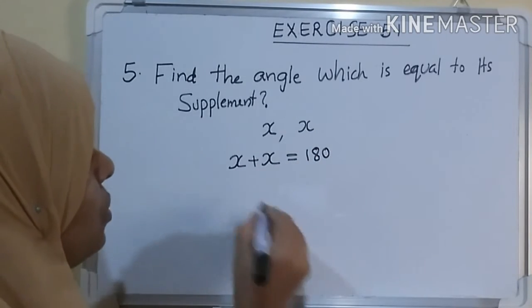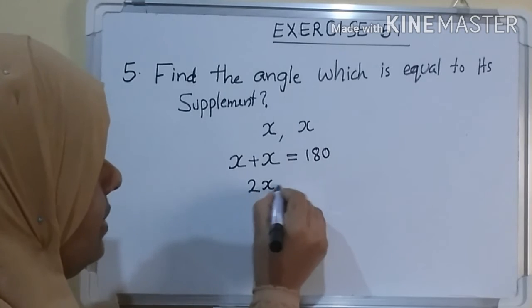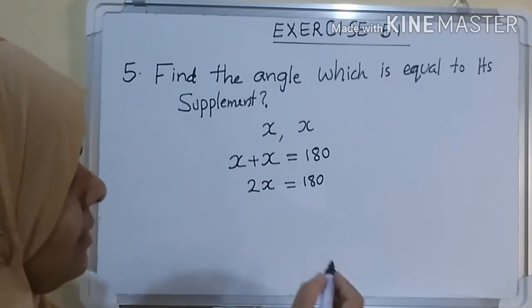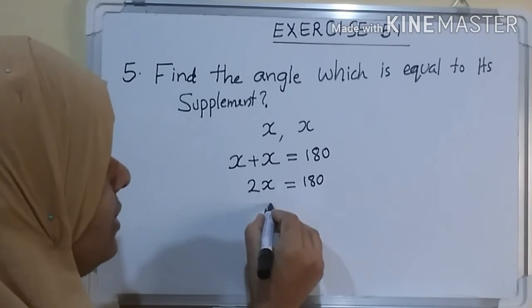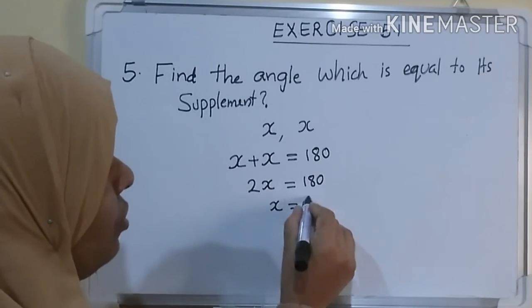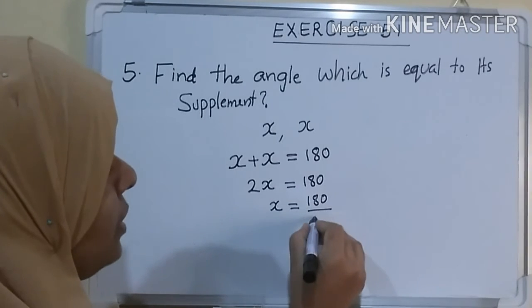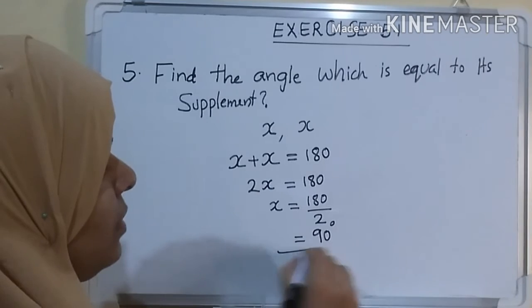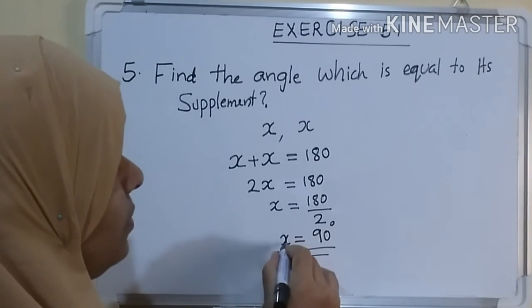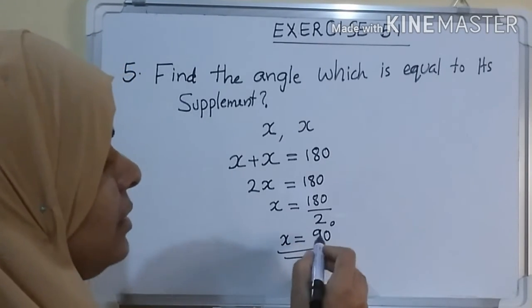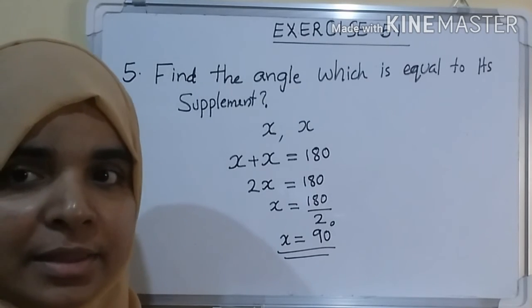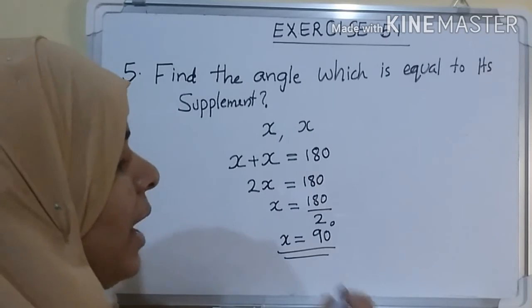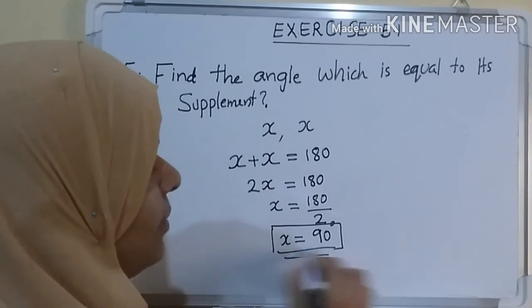That we know. So from this equation we can find the value of x. 2x is equal to 180. That means x is equal to 180 divided by 2. That means x is equal to 90 degrees. So if two supplementary angles are equal, then one angle will be 90 degrees.